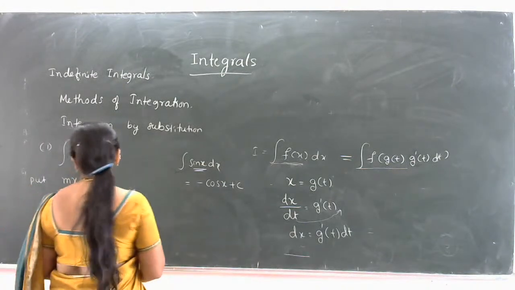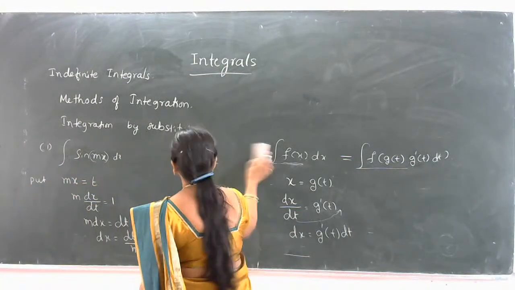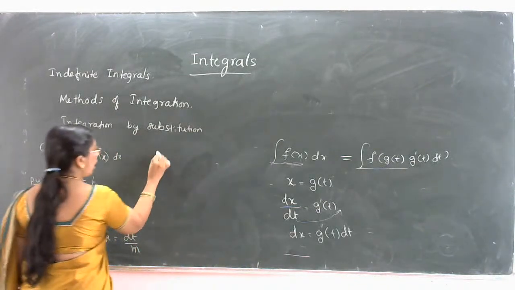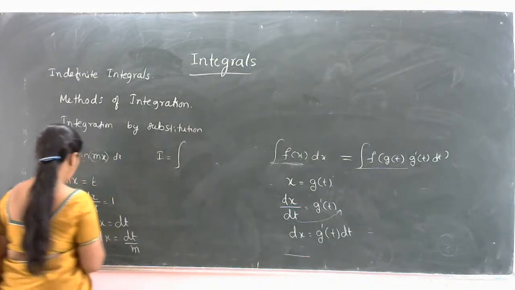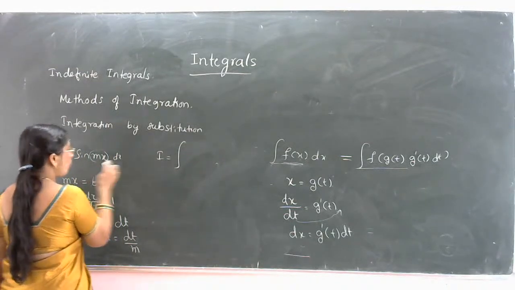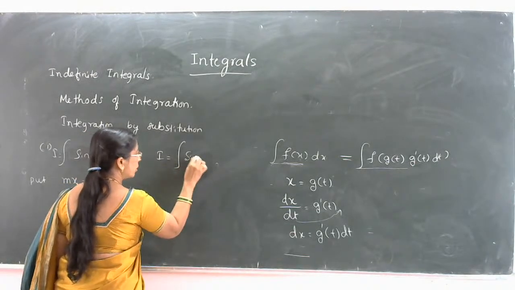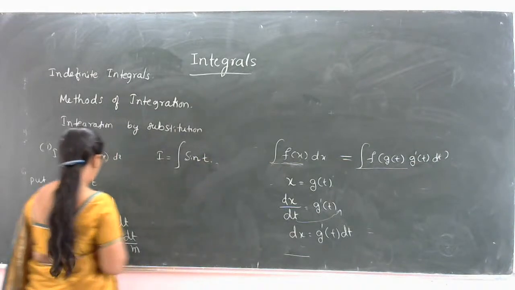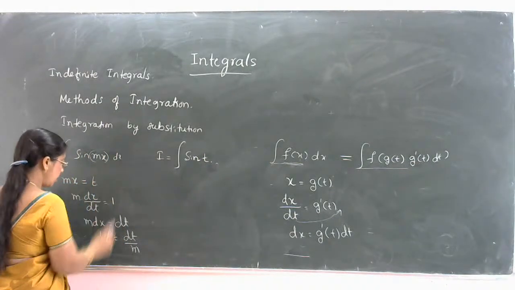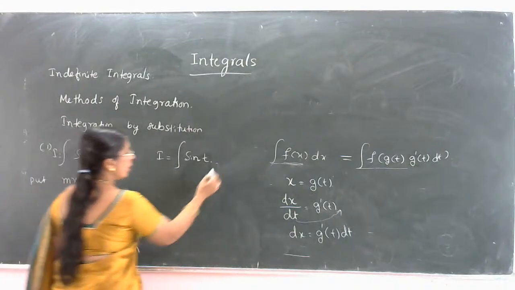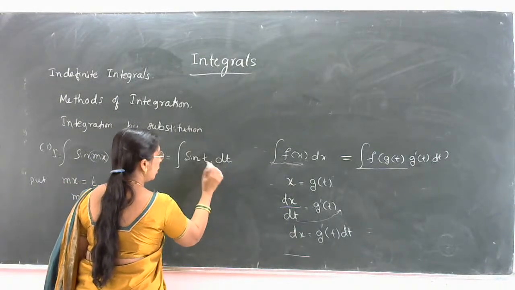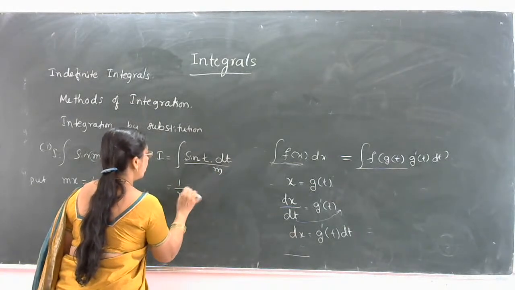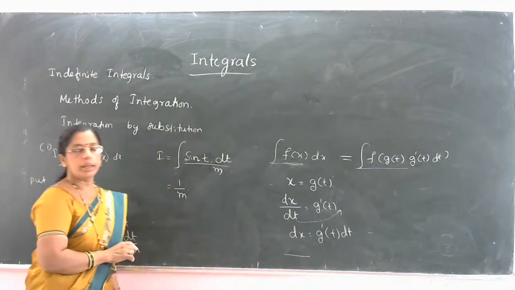Then we substitute this in the function. Here it is I. Then I is equal to integration of sin of mx, which is sin t, into dx, where dx is equal to dt by m. Therefore, 1 by m into integration of sin t.